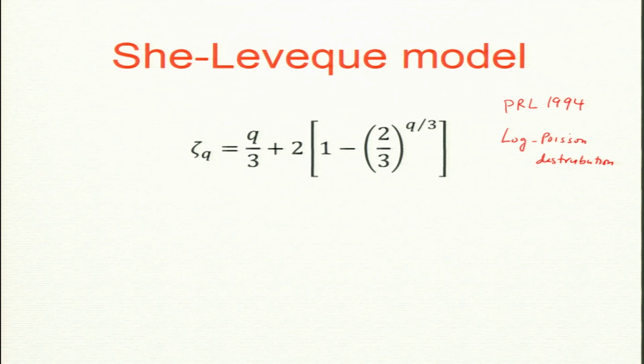If you make certain assumptions, you find zeta as a function of q. It turns out this fits the data quite well, but it does not start from first principles, so you cannot say it is analytically proven. It makes certain assumptions about the distribution of the dissipation rate, and it seems to work quite well.